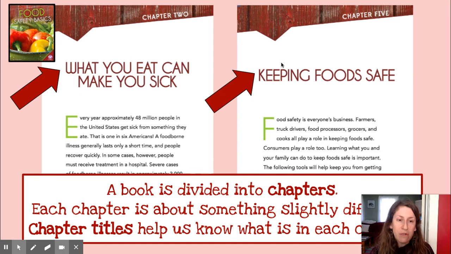These chapters and the information within them are both related to our book, Food Safety Basics, but they're about different information. One is going to tell us about getting sick from food, and one is going to tell us about keeping food safe so that we don't get sick.